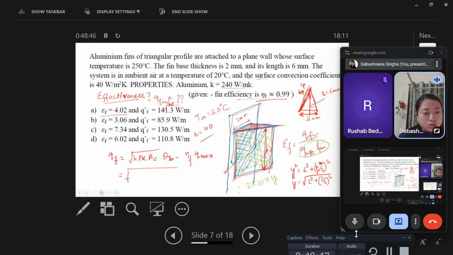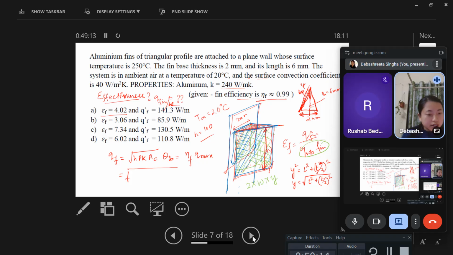By looking at the options also, you have to check which option, which values are matching, and which dimension you should consider. If one dimension is very small compared to the other, you can just neglect the smaller one. And if the values are given, then directly you should consider them. That is the best way.